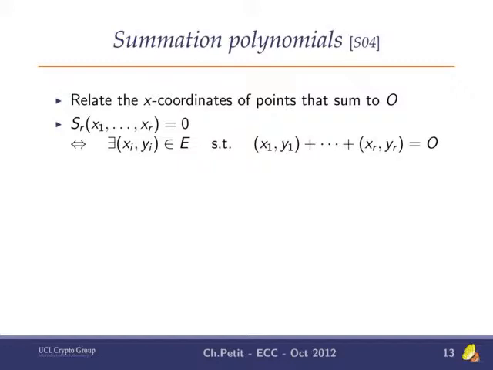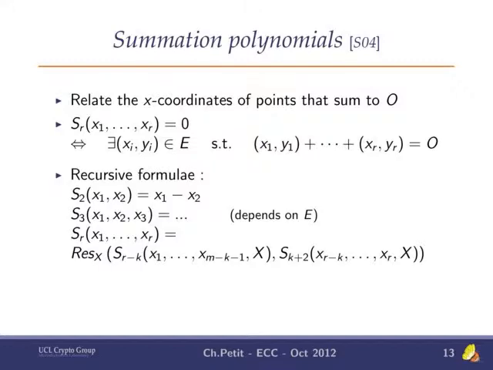Okay, so Semaev showed that, first of all, you can compute those polynomials. There is a recursive formula for that. So you can just write S2 and S3, and then you have this recursion where you can compute SR from S_(R-K) and S_(K+2), for example. Okay.